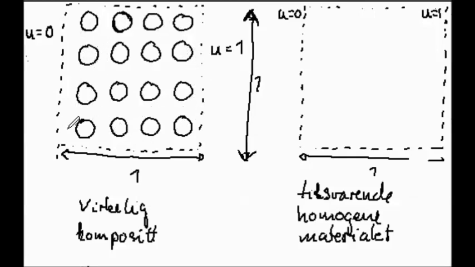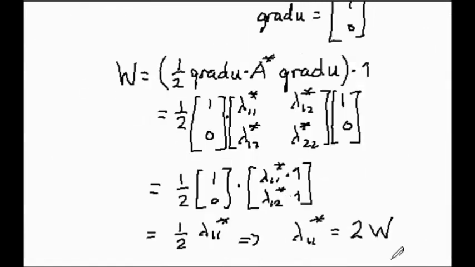In order to compute the thermal energy of the real composite, we can use a numerical method like the finite element method. We can in some special cases compute it directly by using analytic methods, or we can measure it. So that's the way we compute the energy of the material and then find the effective property in the x direction, namely lambda 11 star.